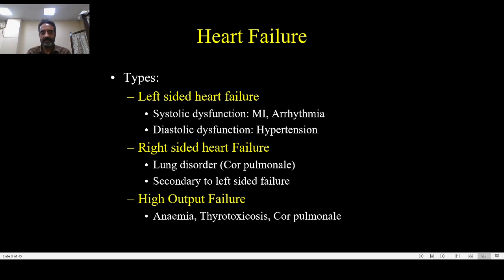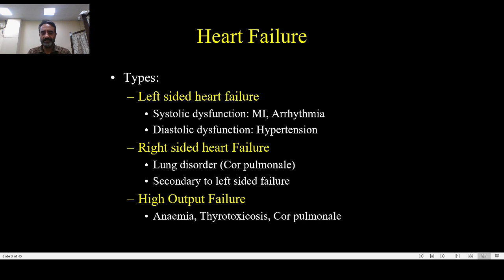Then there is right-sided heart failure. That could be again due to this lung disorder, which is cor pulmonale. That is because there is back pressure when there is a problem with the lungs. There is back pressure in the pulmonary arteries, so that leads to increased load on the right side of the heart. Right-sided heart failure could also be secondary to left-sided failure.